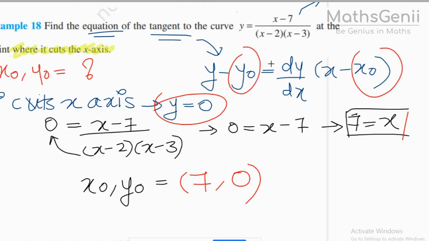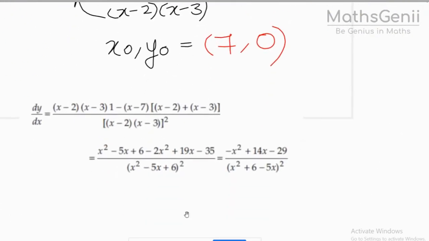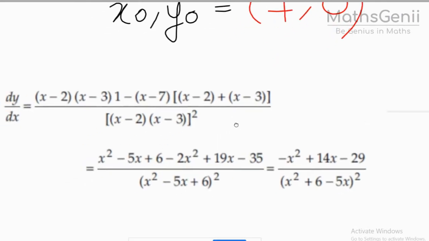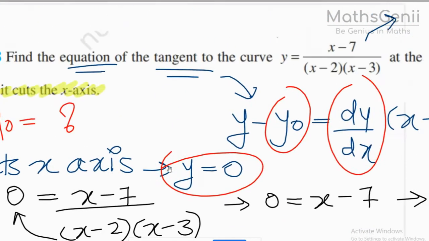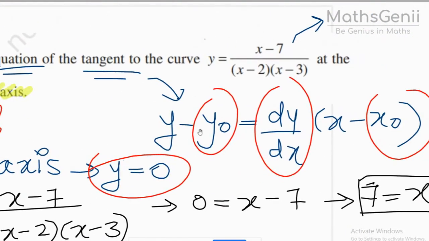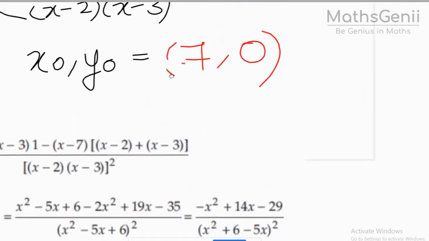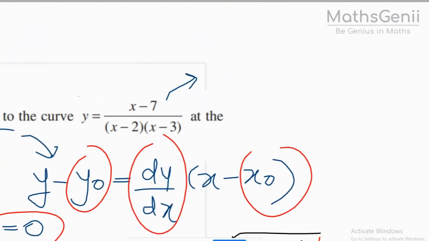Now one more thing I want: dy by dx. I've already calculated dy by dx here because the calculation was longer, so I preferred to paste the solution. How have I calculated it? If you remember, this is of the form u upon v, correct?